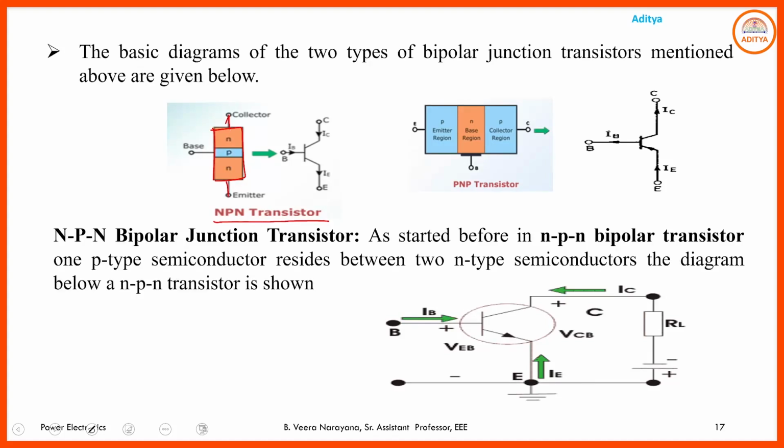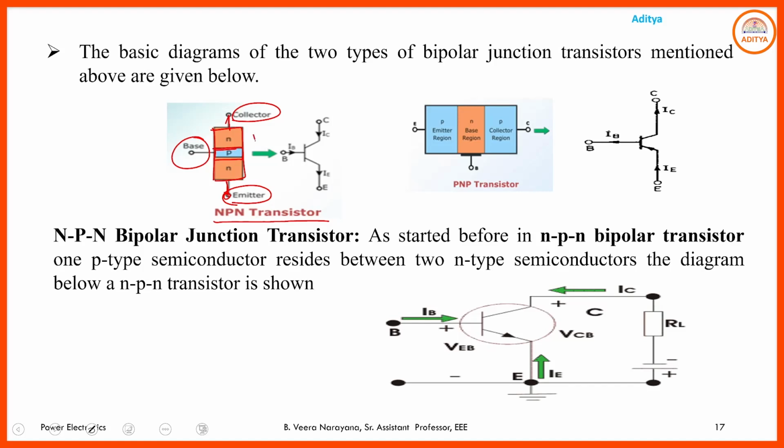Here the three terminals are: the outer N terminal is called the emitter, the other outer N terminal is called the collector, and the middle P terminal is called the base.